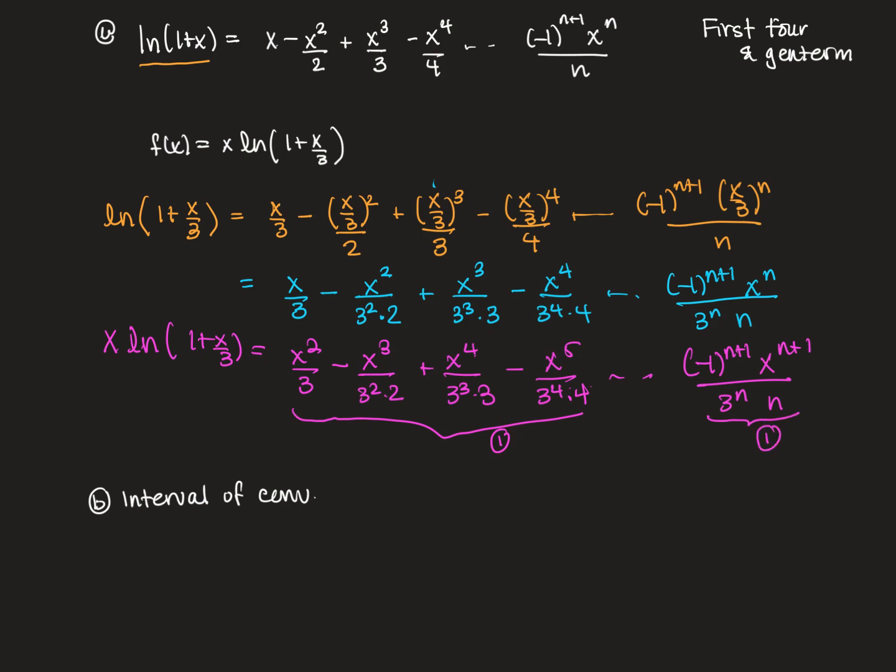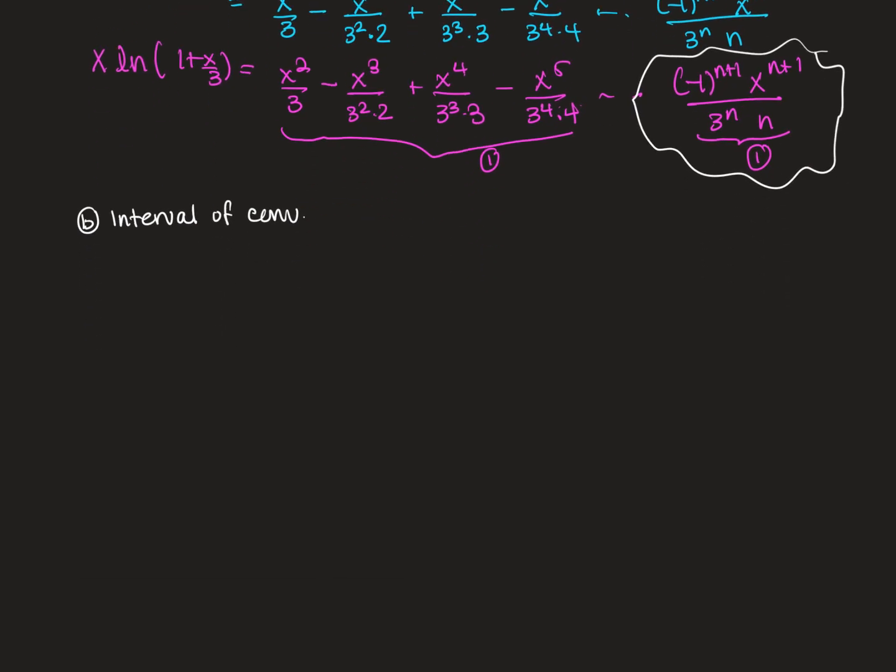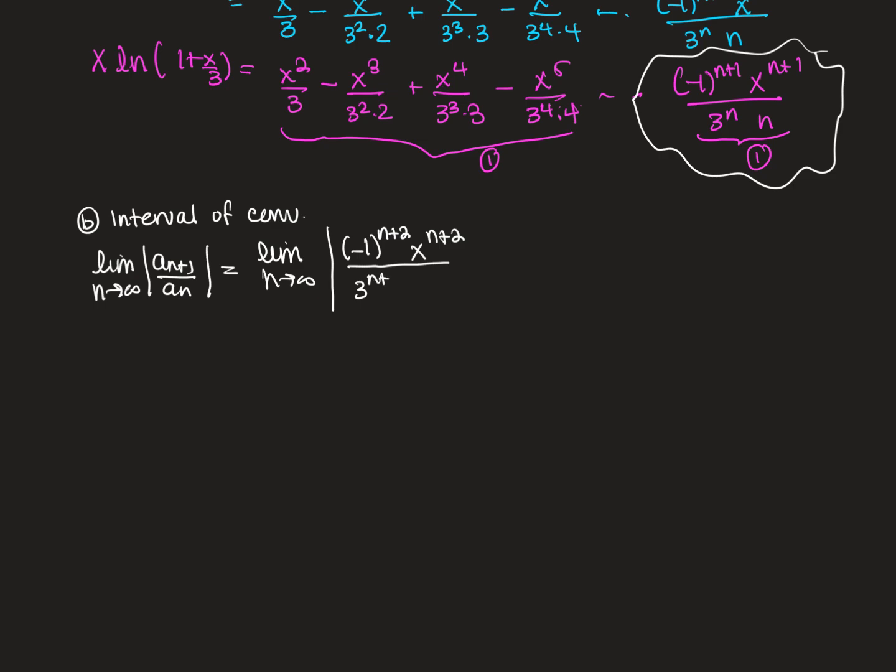All right, so the second part, it wants us to find the interval of convergence. Remember, for the interval of convergence, you have to use the general term. So remember, we take the limit as n goes to infinity of a sub n plus 1 over a sub n. So immediately we're going to replace n's with n plus 1. Now we multiply by the reciprocal of a sub n.